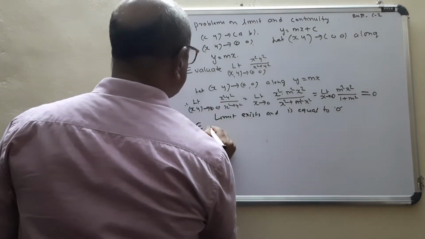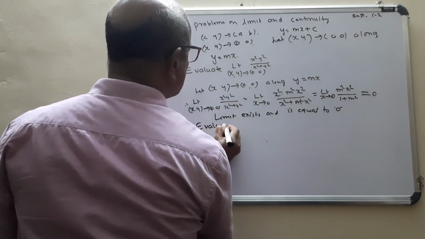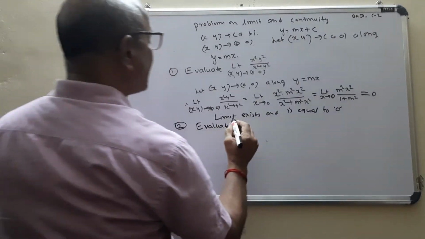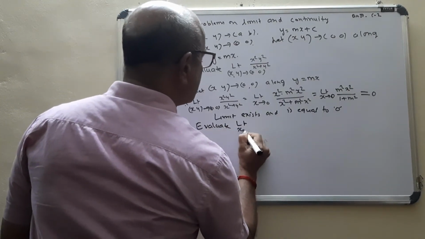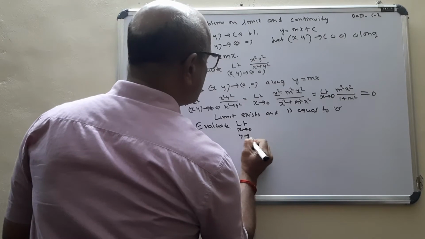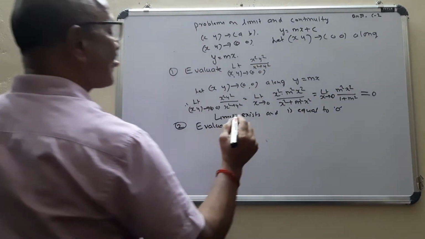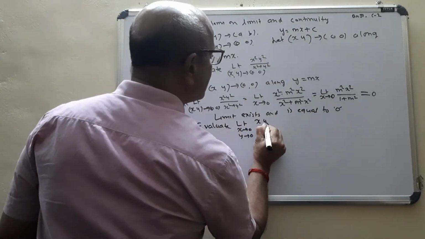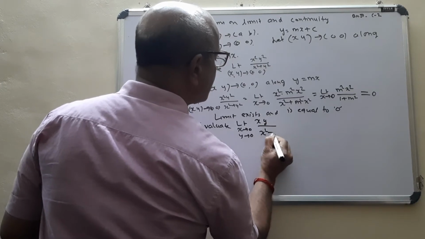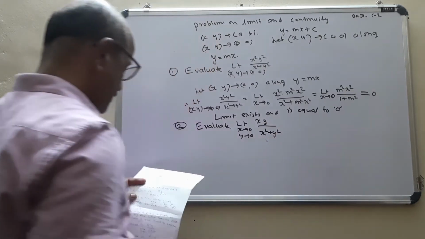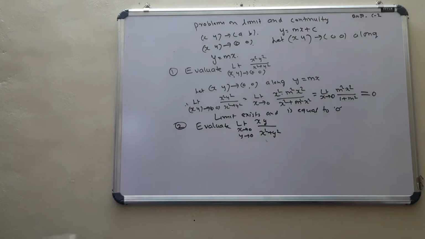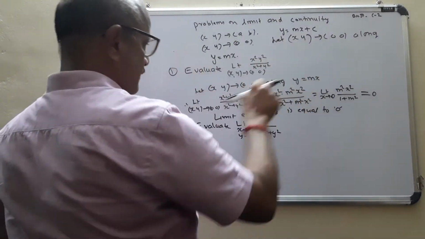Evaluate the limit as x goes to 0, y goes to 0, of xy divided by x squared plus y squared. Again, as usual, you have to make the same assumption.